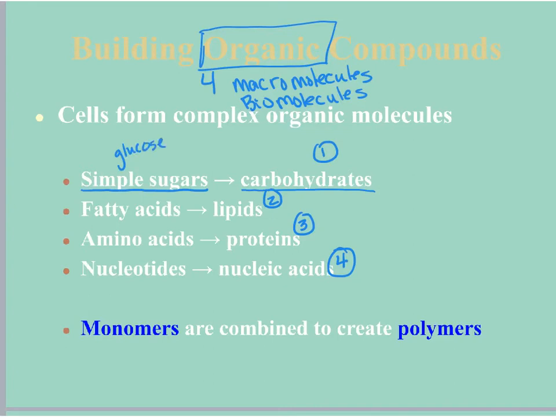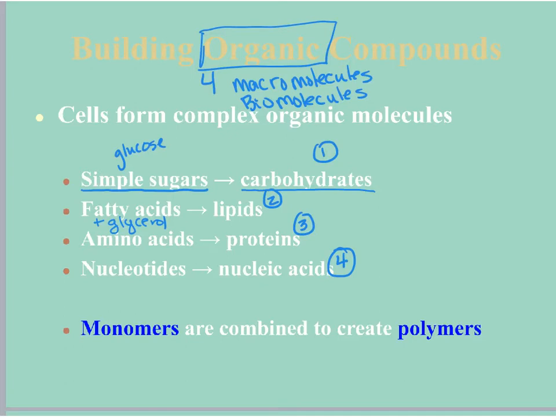I'll show you some examples in a little bit. Fatty acids and glycerol come together to make lipids. Amino acids are the building blocks of proteins. And nucleotides are the building blocks of nucleic acids.